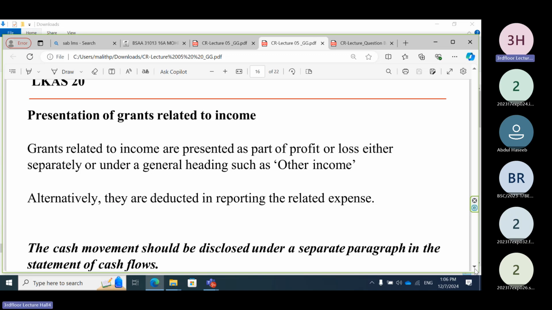So this type of some other factors also we need to disclose separately in the cash flow statement. If we are having foreign currency conversion, that should be separately disclosed, right?